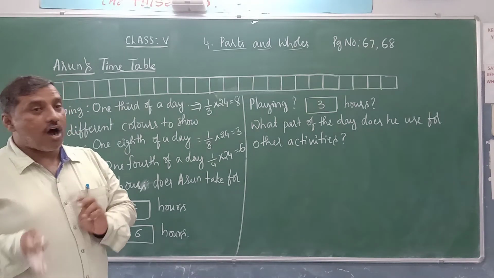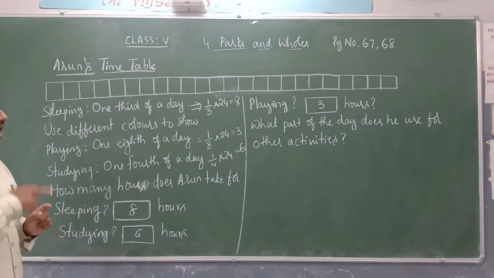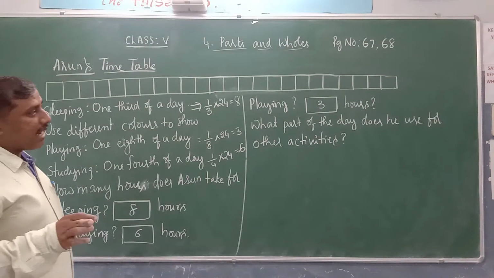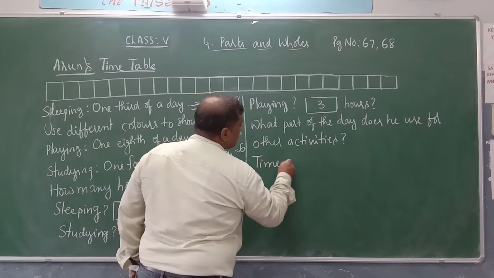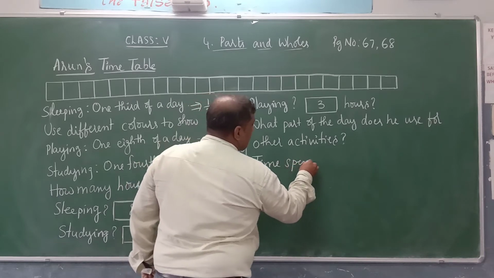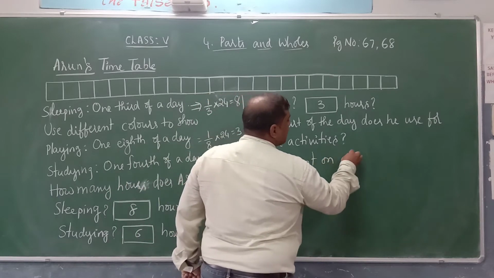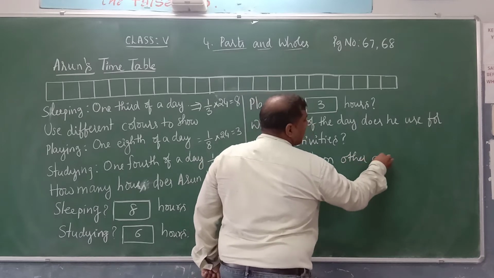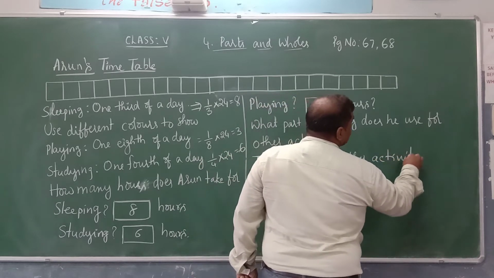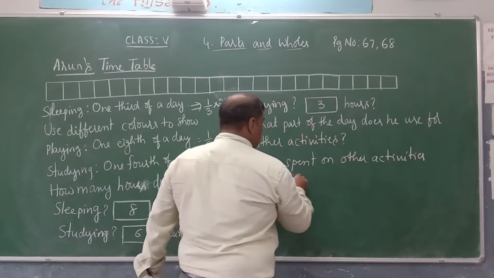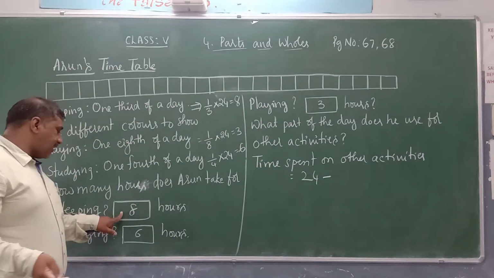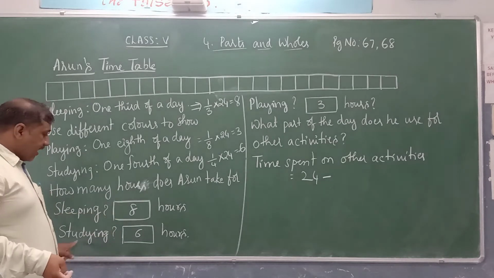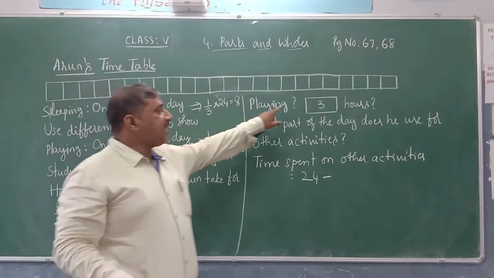First you find how many hours he will spend on other activities. Out of 24 hours, he spends 8 hours sleeping, 6 hours studying, and 3 hours playing.